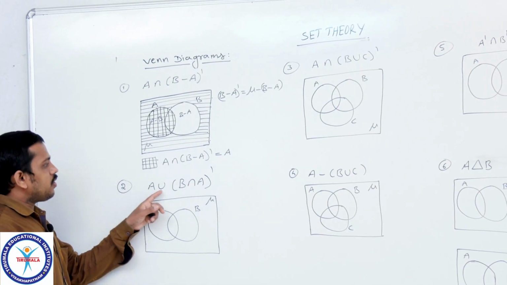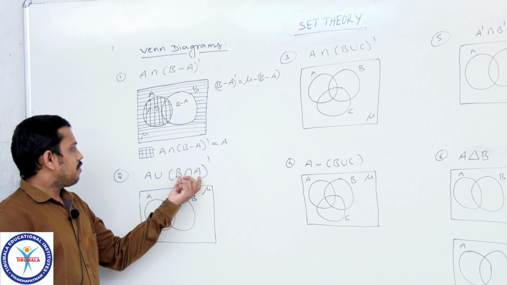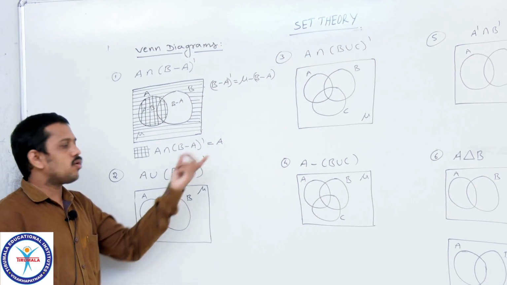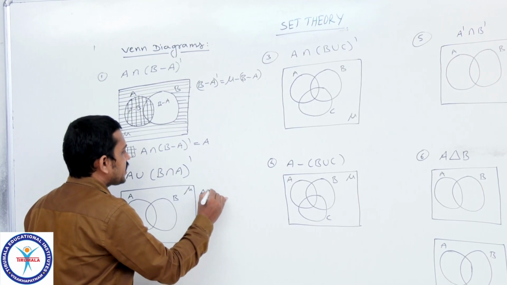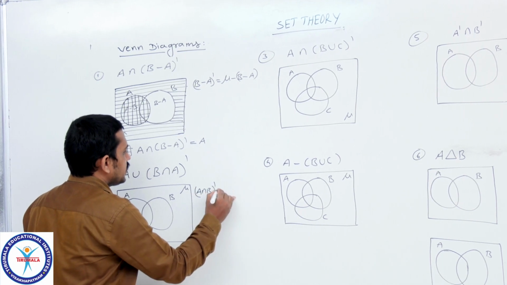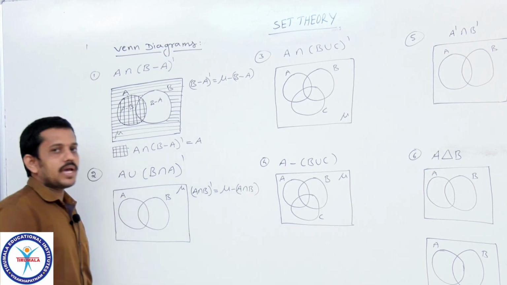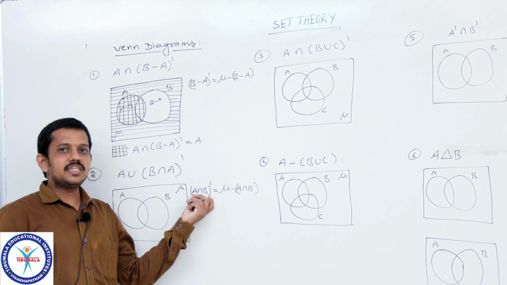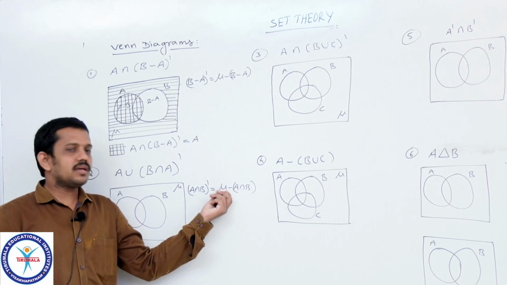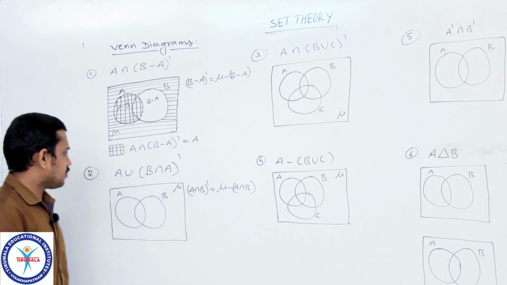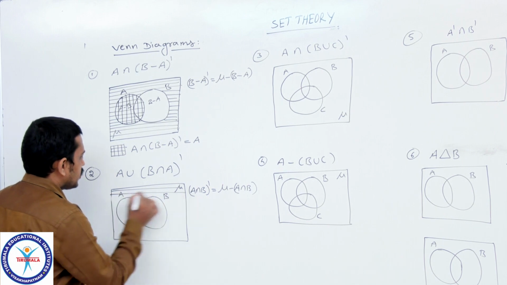Next, A union (B intersection A) whole complement. First, we have to consider (B intersection A) whole complement. B intersection A and A intersection B are both the same. So, (A intersection B) whole complement is equal to the universal set minus A intersection B. This means we eliminate the region belonging to both A and B, then shade the remaining region of the universal set.